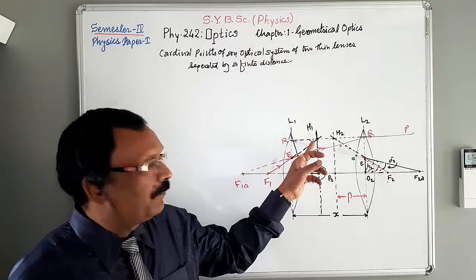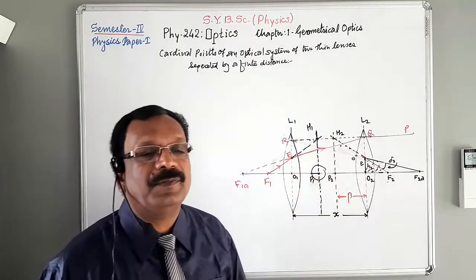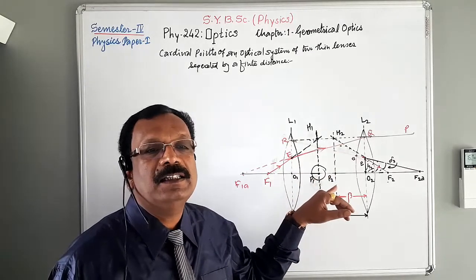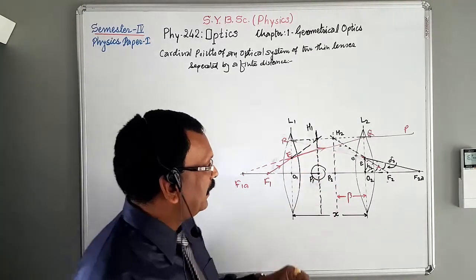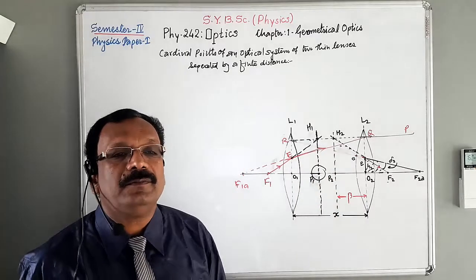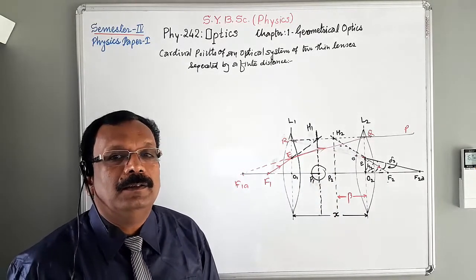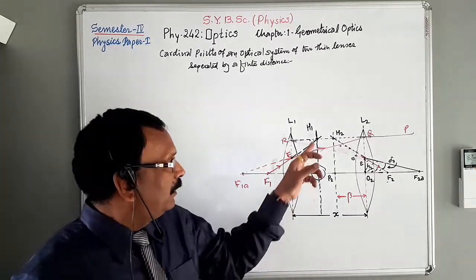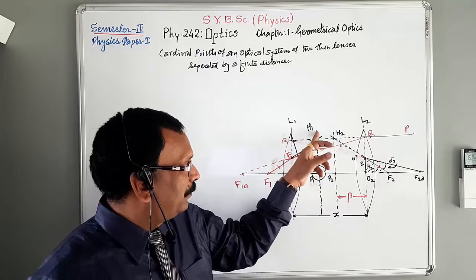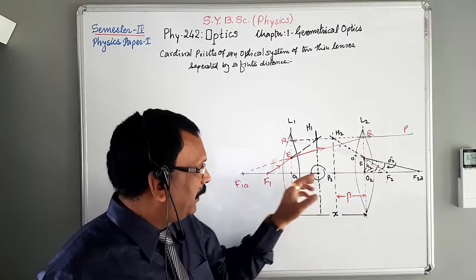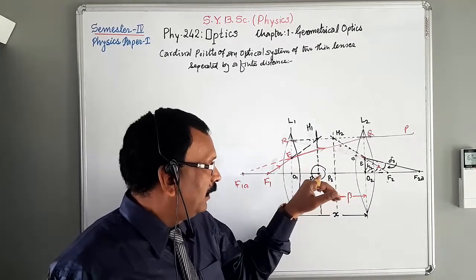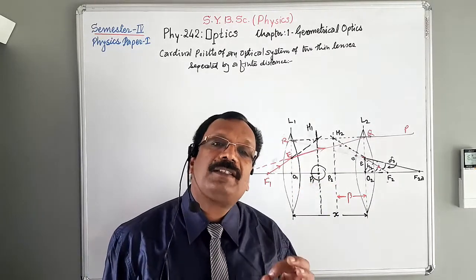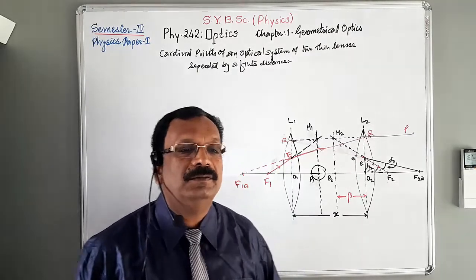Now the plane passing through H1 and perpendicular to the principal axis is called the first principal plane, that is H1P1. The intersection of this first principal plane H1P1 with the principal axis is P1. So point P1 is called the first principal point.